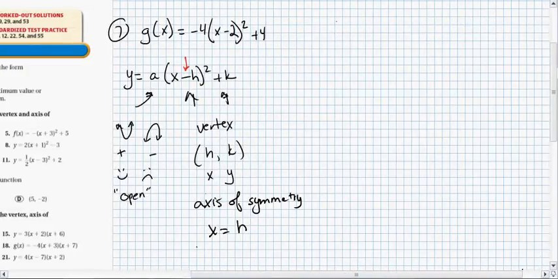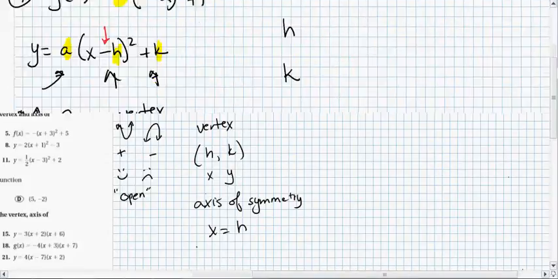So first step is probably to find a, find h, and find k, because those are all the things that I have to replace in my formula, not the x, the h, and the k. So let's see, a in my formula is this number outside the parentheses. So a is -4.